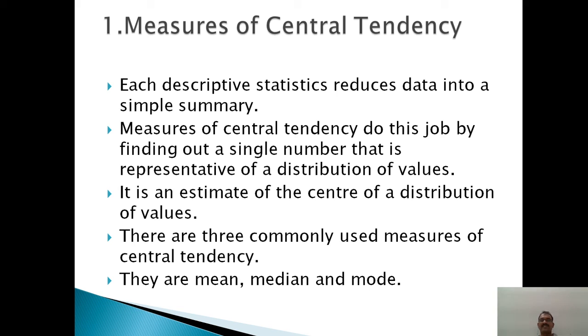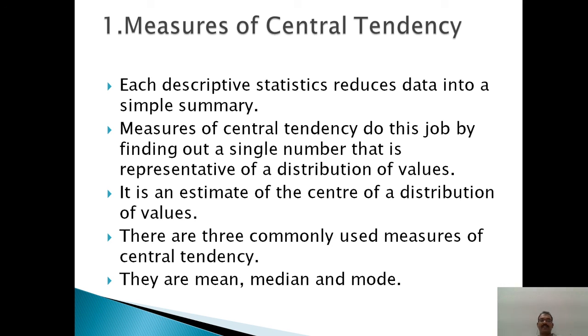First of all, measures of central tendency. Each descriptive statistic reduces data into a simple summary. Measures of central tendency do this job by finding out a single number that is representative of a distribution of values.